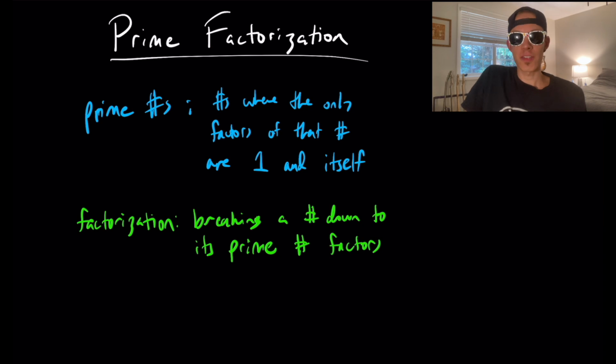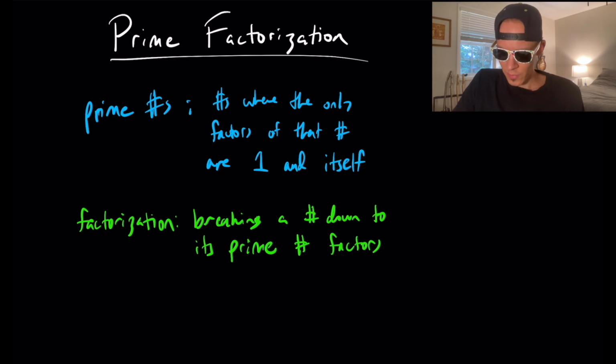So when we factorize something, we're figuring out what prime numbers I would have to multiply to get to that number. And then prime numbers, again, are numbers where the only two numbers that multiply to make that number are 1 and itself. Different than composite numbers, which are numbers that can be broken down into factors other than 1 and itself.